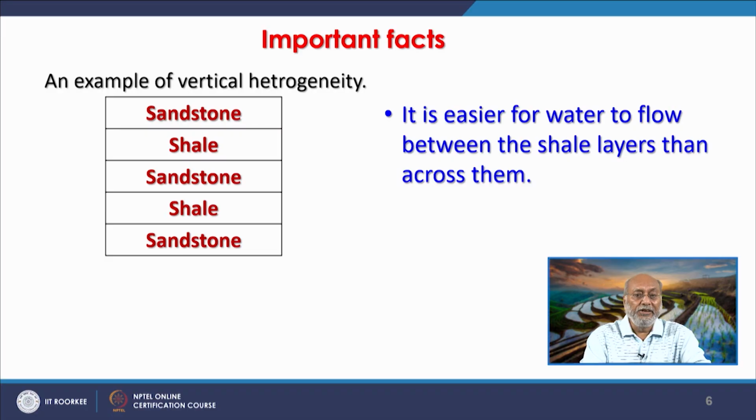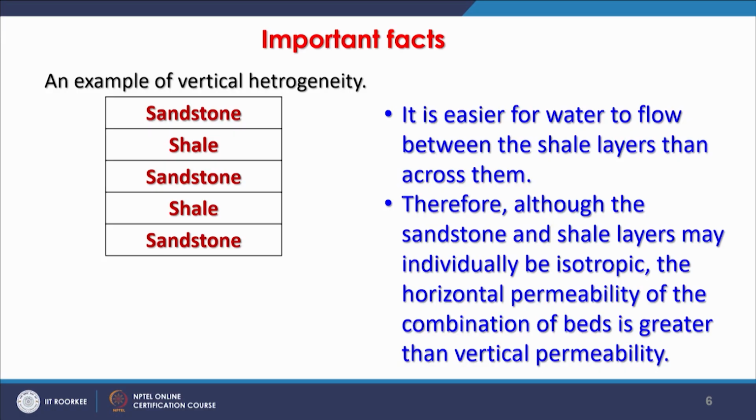It is easier for water to flow between the shale layers than across them. That also indicates that there is horizontal heterogeneity too. The sandstone and shale layers may individually be isotropic, simply one single layer, but the horizontal permeability of the combination of beds is greater than the vertical permeability. So, these two, vertical and horizontal, will vary depending on the subsurface geologic condition.